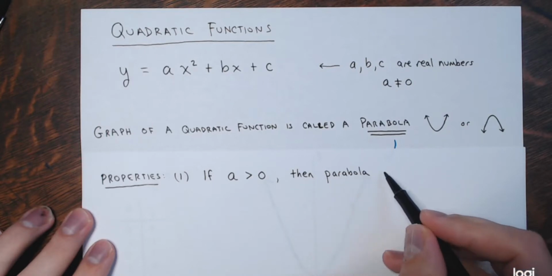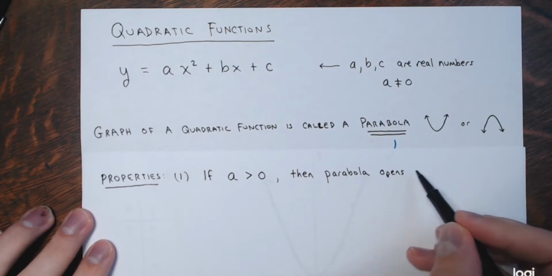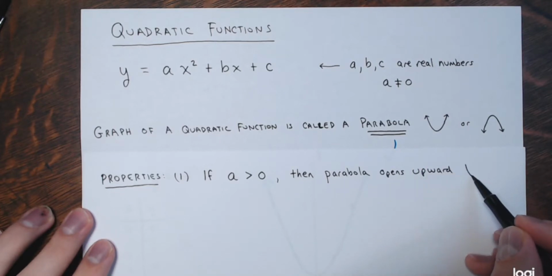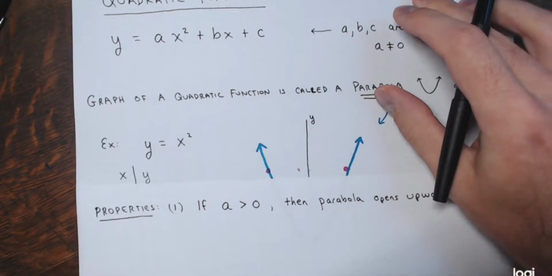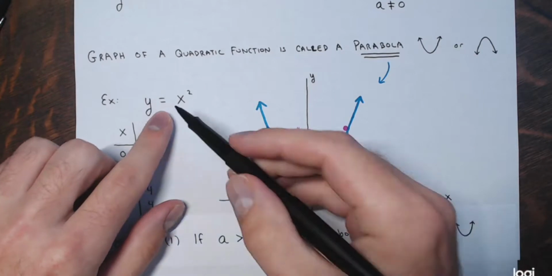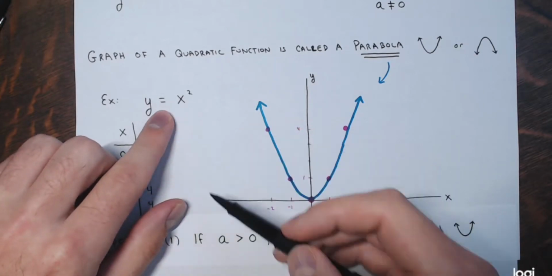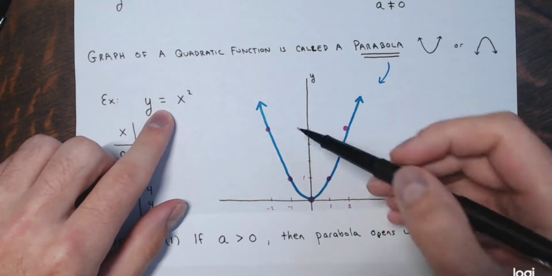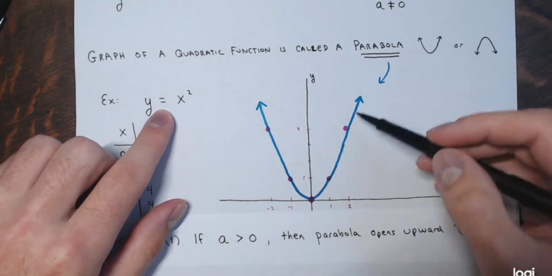Then parabola opens upward. Alright, so like the one we just saw. Alright, like y equals x squared, the value of a, or the quadratic coefficient, is 1. It's positive, and you see the graph of this parabola is indeed this one that's smiling, it's curving upward.